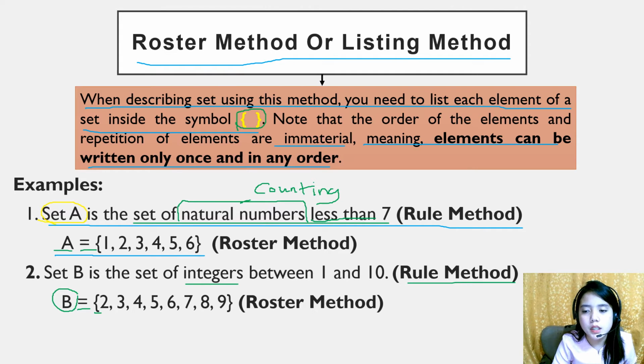Di ba when we say integers, kauban niya si counting numbers, whole number, 0, 1, 2, 3, 4, and so on, and the negative numbers. Pero ang ipangayo lang man is between 1 to 10. So, unsa man ang mga integers nga between 1 to 10? We have 2, 3, 4, 5, 6, 7, 8, and 9.